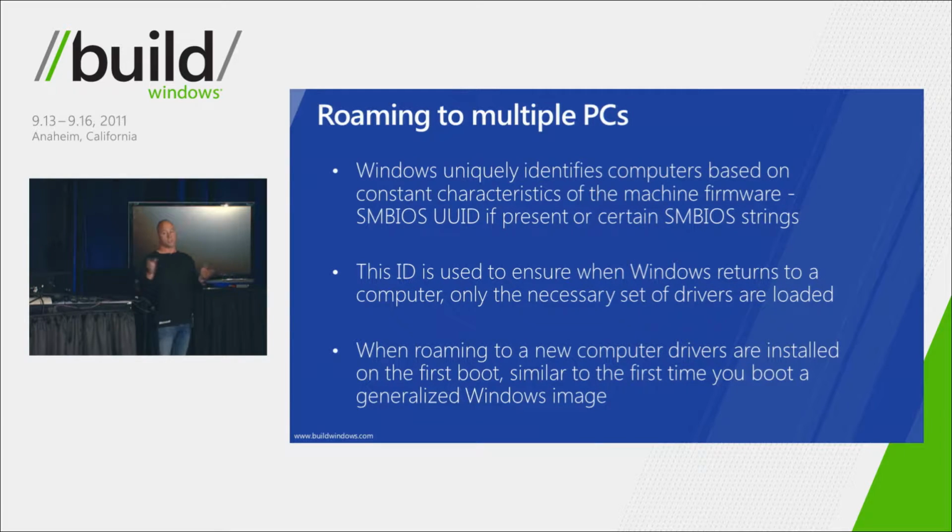And if you roam to another machine, we determine that that's a new machine, and we go through the same process. The first time you roam to a new machine, you'll see Windows put up a screen saying it's discovering the devices. After you've done that one time, when you roam back to any machine that you've ever been to, the speed is very fast. In fact, it boots very, very quickly.